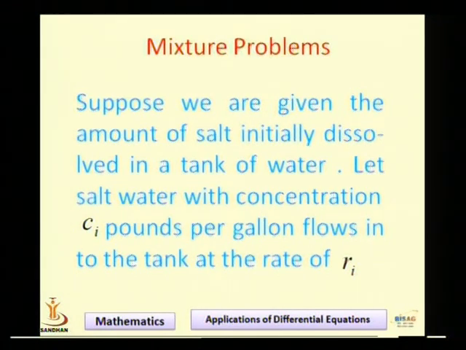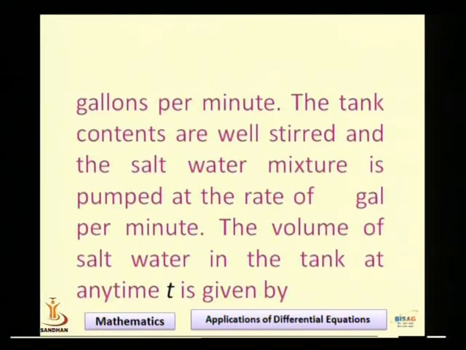Let salt water with concentration Ci pounds per gallon, that is, in 1 gallon Ci pounds of salt is dissolved, flow into the tank at a particular rate, Ri gallons per minute. So this is the rate at which water with the salt solution is flowing into the tank.